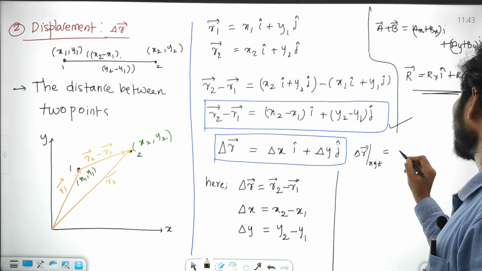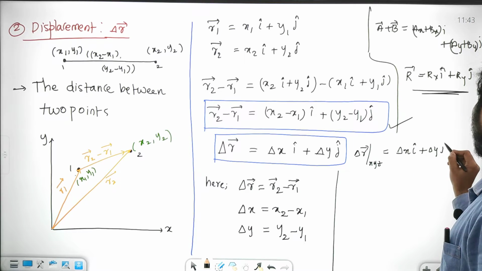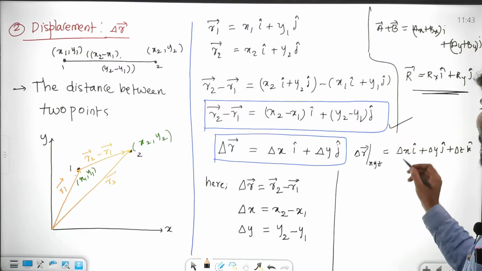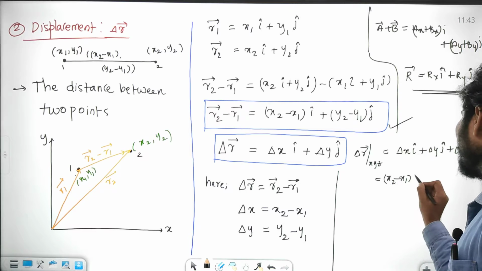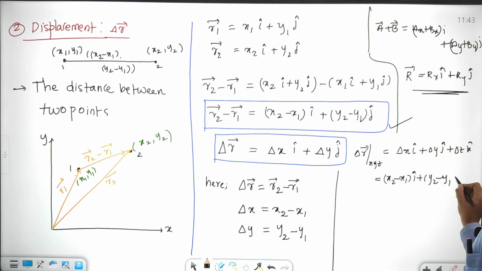We can write it as delta x i cap plus delta y j cap plus delta z k cap, where delta x is x2 minus x1 i cap, plus y2 minus y1 j cap, plus z2 minus z1 k cap.